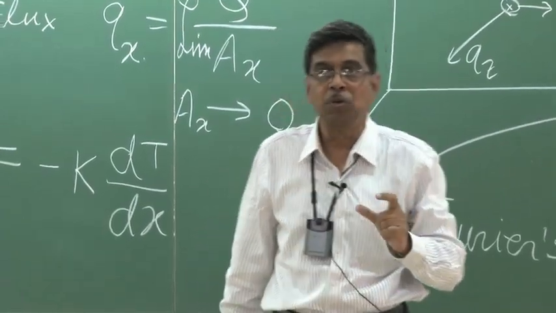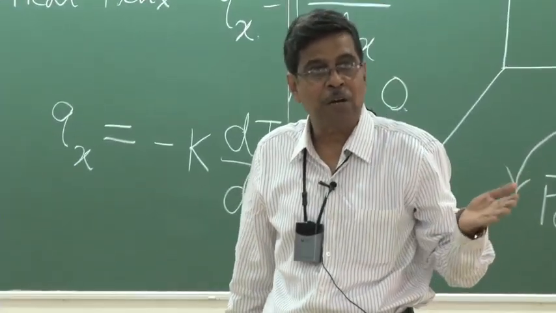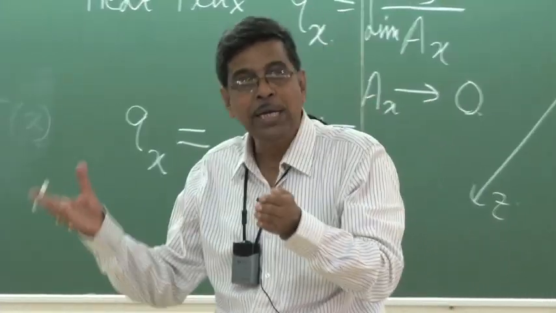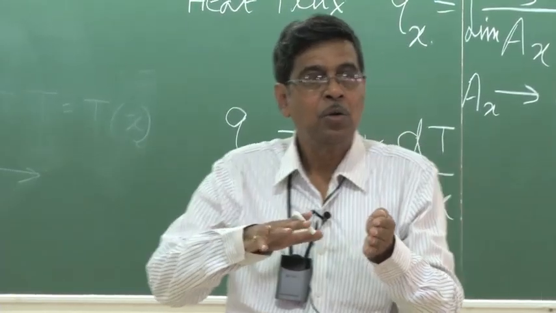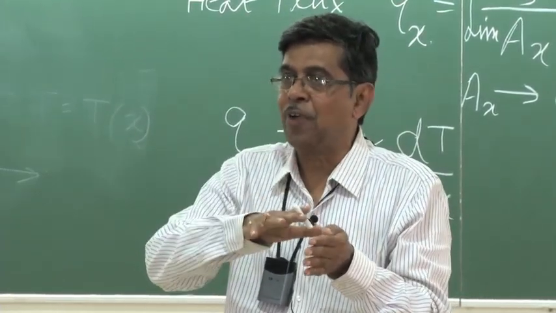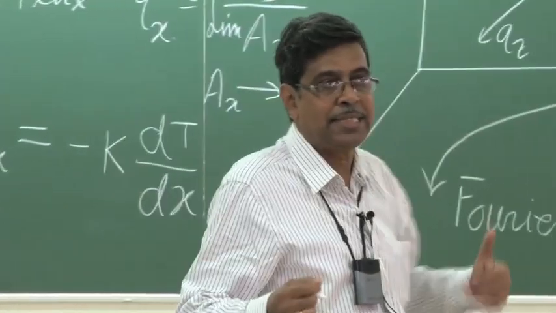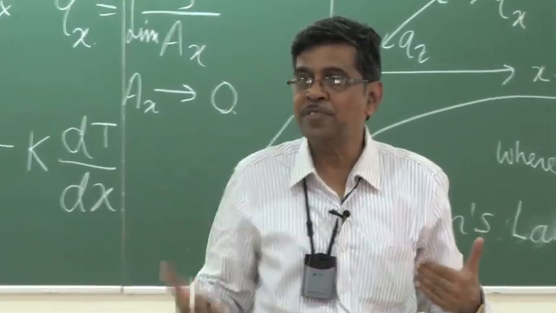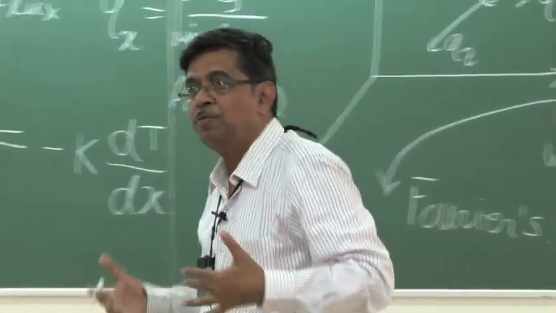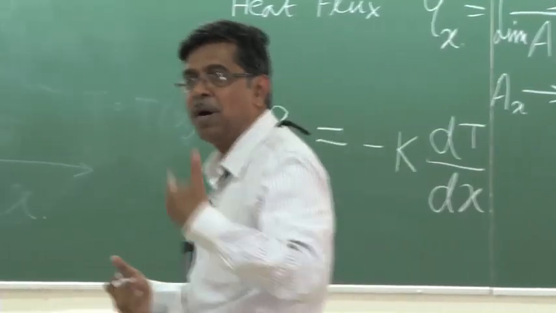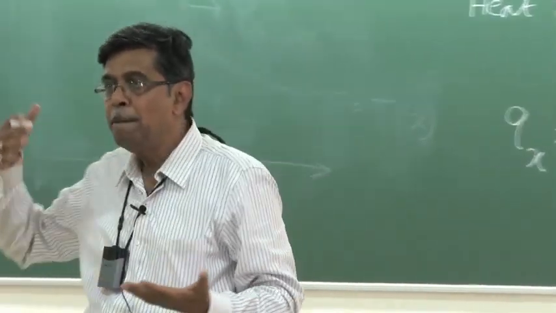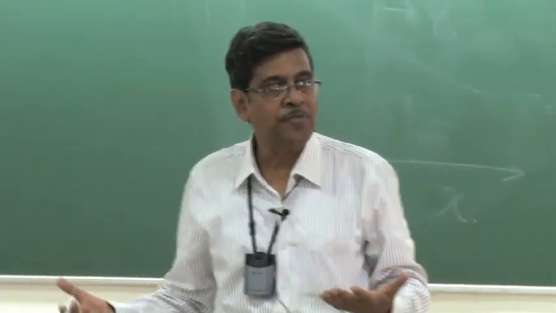So the property which relates the transfer or flux of a quantity with the potential causing that flux is known as a transport property, like viscosity, which relates stress with the rate of strain, and diffusivity, which relates the mass transfer with the gradient of concentration.